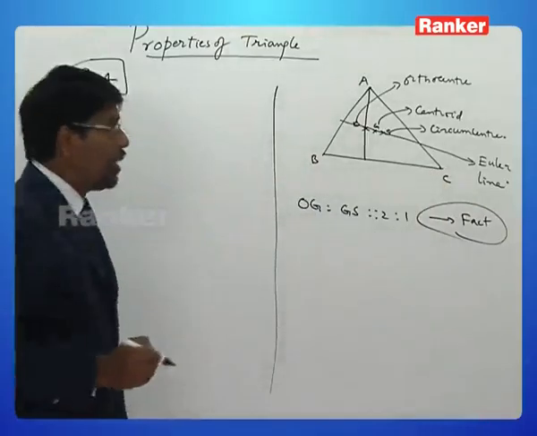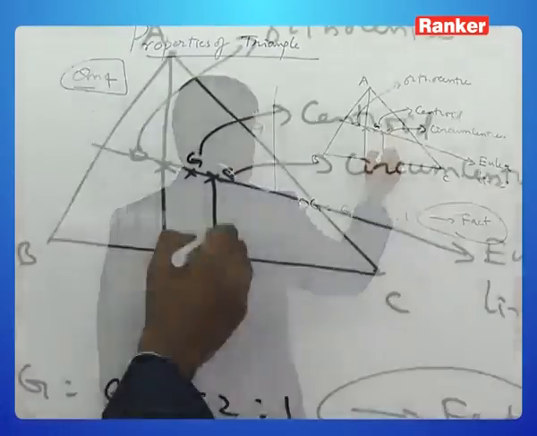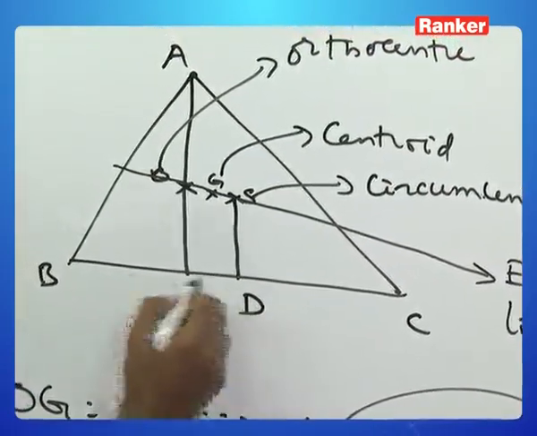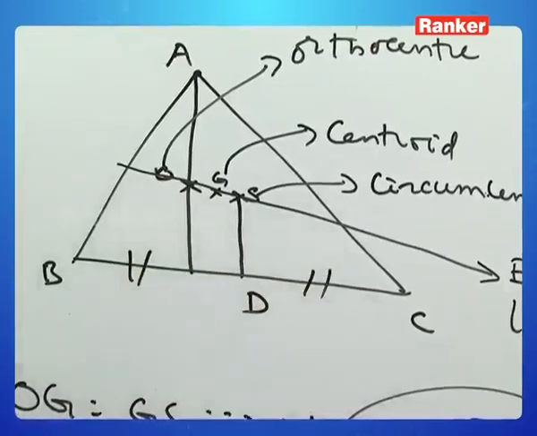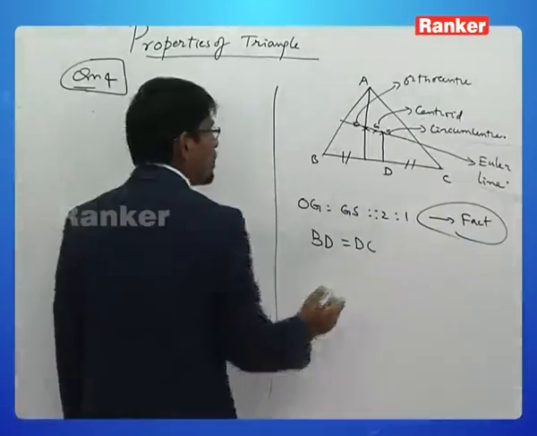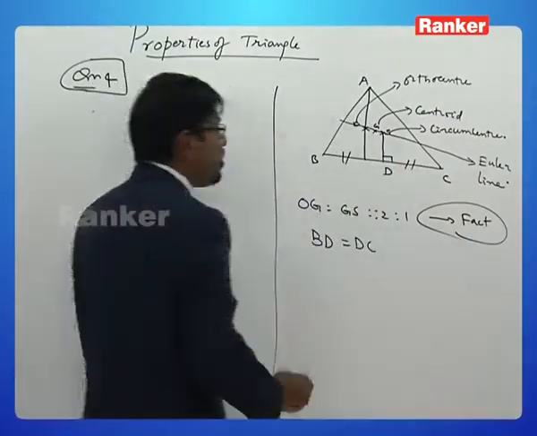In fact, that can also be proved. You drop a perpendicular from S onto BC, that's going to bisect it. So D is the midpoint of BC, so BD is equal to DC. When you join S and D, it is going to be perpendicular.